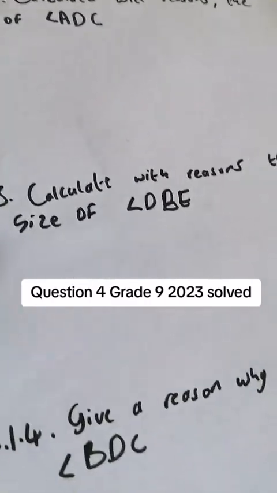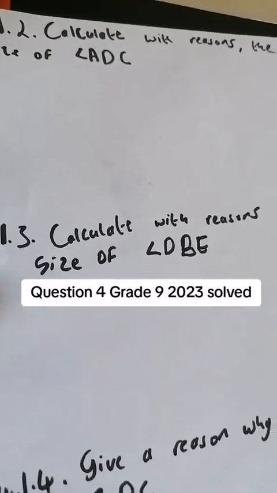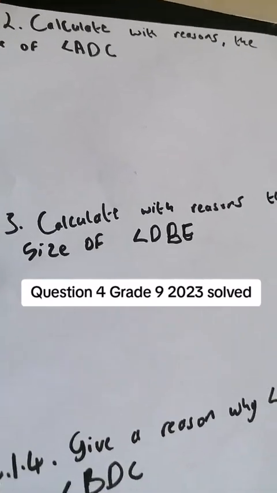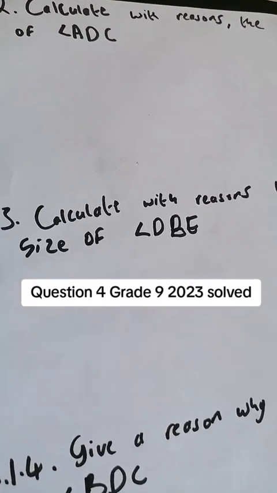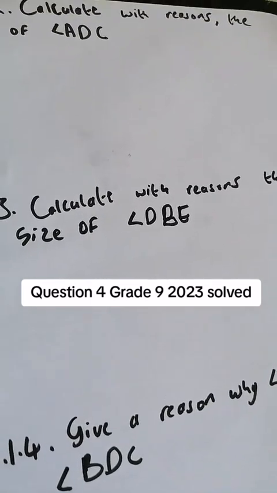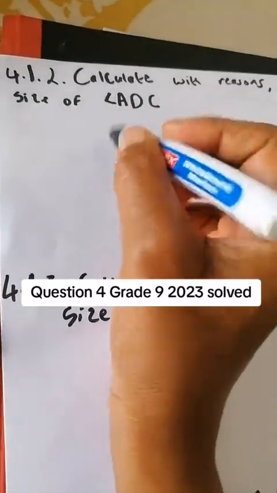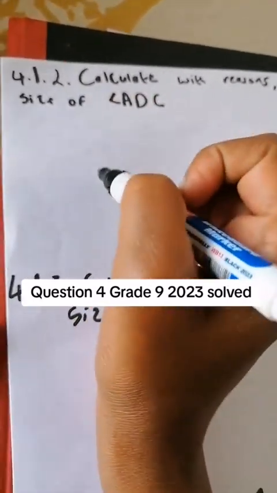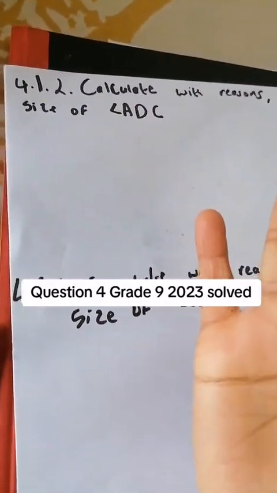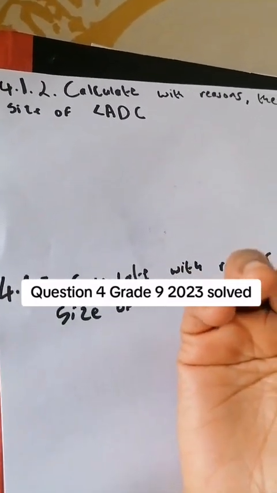ADC, the reason is more similar to the previous one, because you will say that diagonal BD divides the rhombus into two congruent triangles. So meaning that you're saying that diagonal line is dividing the rhombus into two congruent triangles.